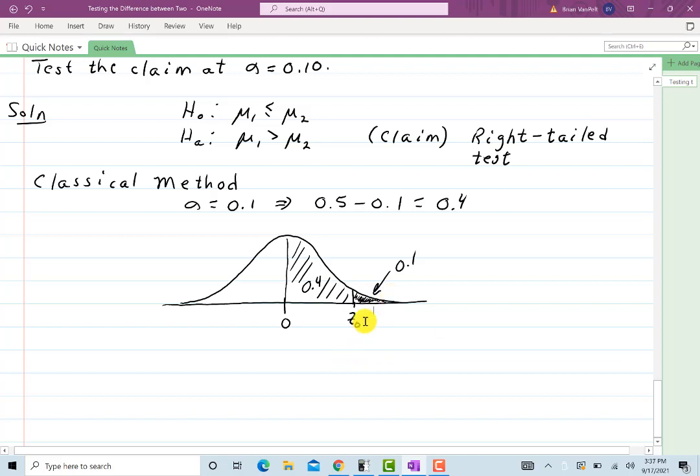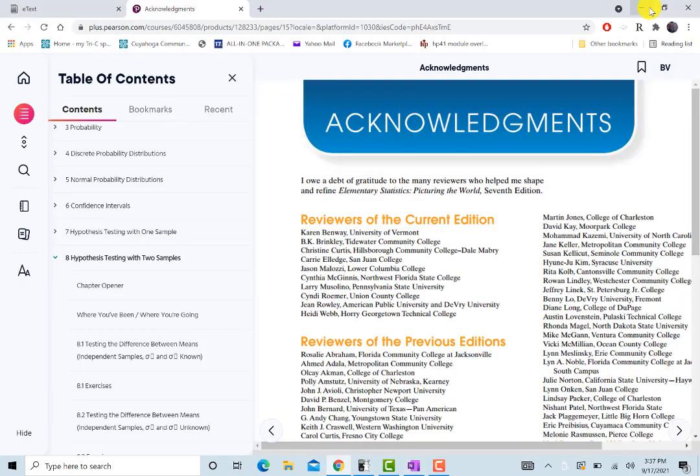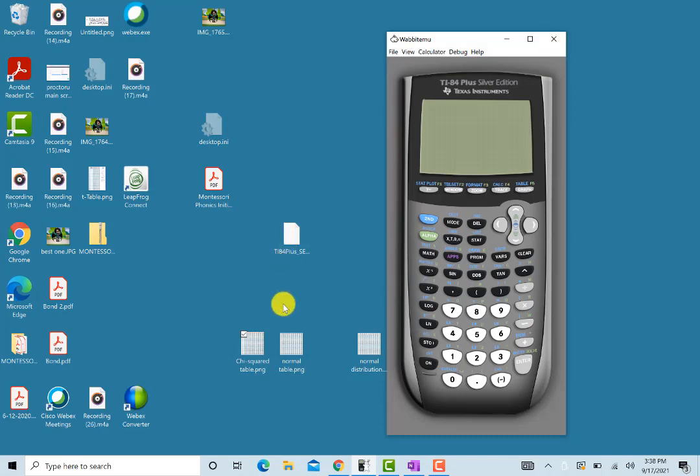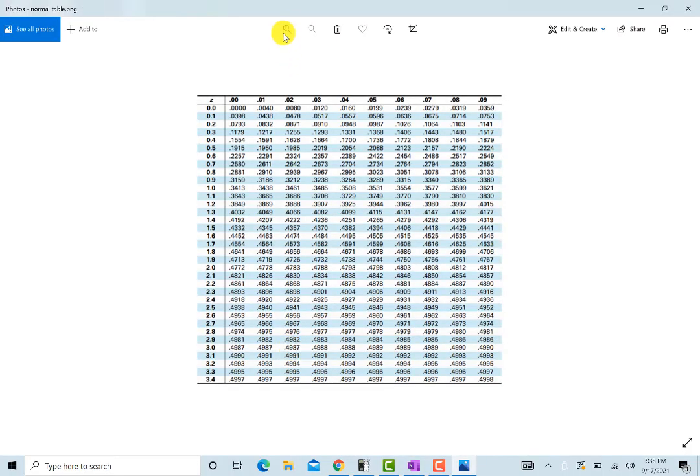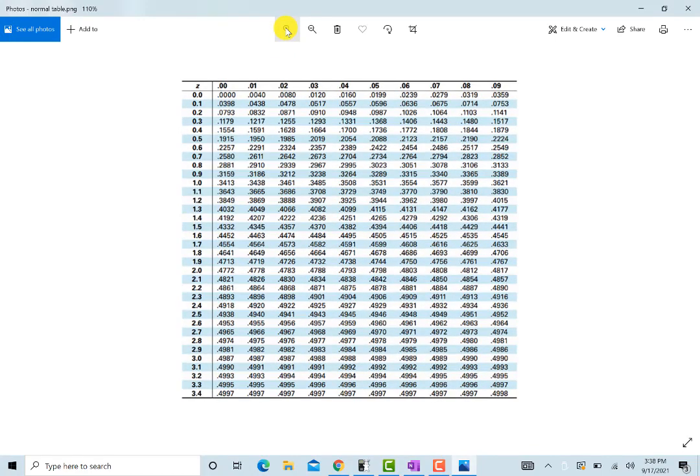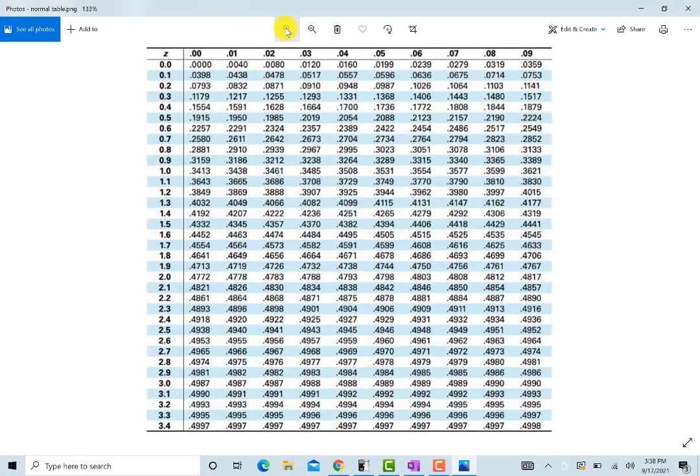So to figure out this value, I'm going to look up 0.4 in the standard normal distribution table. I have them all on my desktop. Not a bad idea for you to put them there too. Let's see if we can find the normal table. There it is. I'll zoom in as needed. I'm trying to find 0.4 in the middle of this table. Here we are.